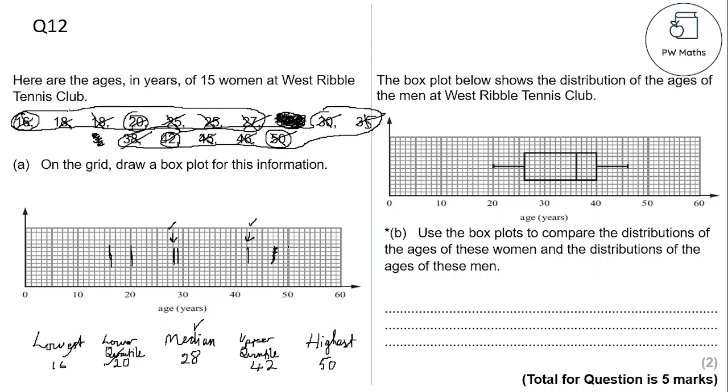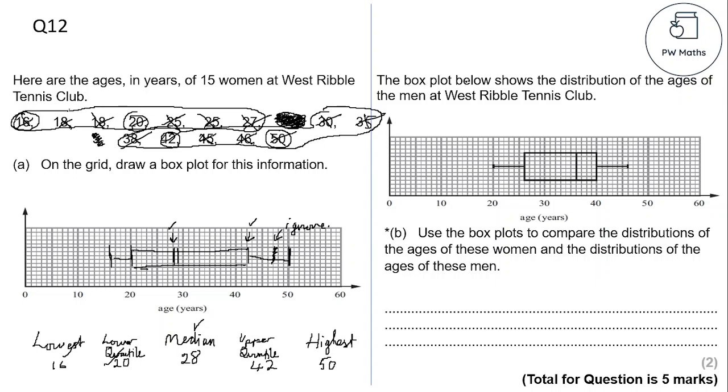And the highest of 50. And I'll draw my box and whisker. I did that on purpose, just to show you how to make sure that the examiner knows which lines to draw. If you do that in the exam, it's not a problem. You just say, ignore. And the examiner will be absolutely fine and give that full marks.